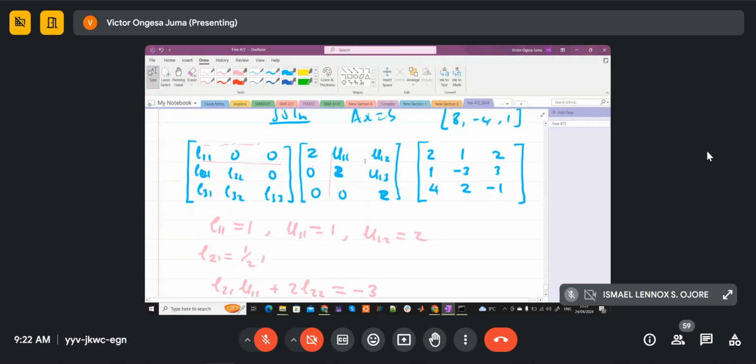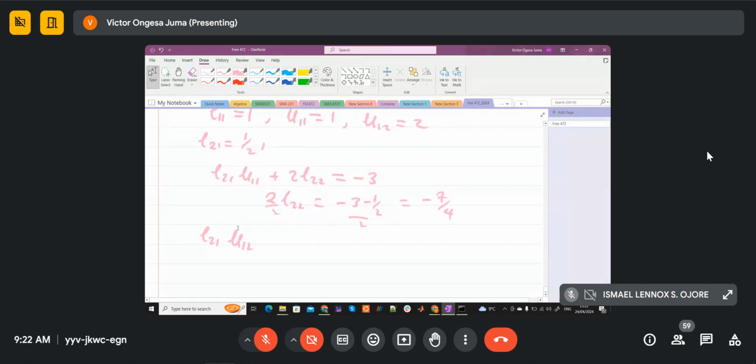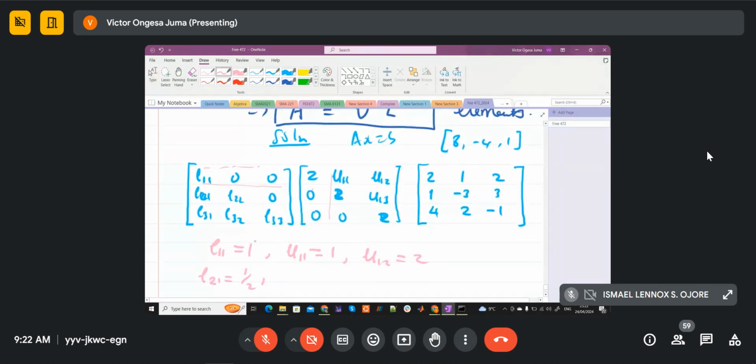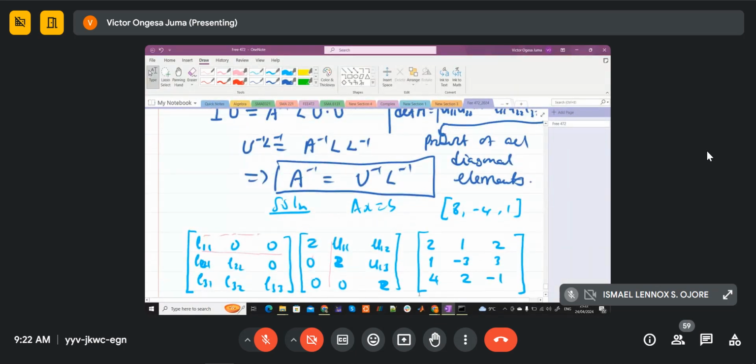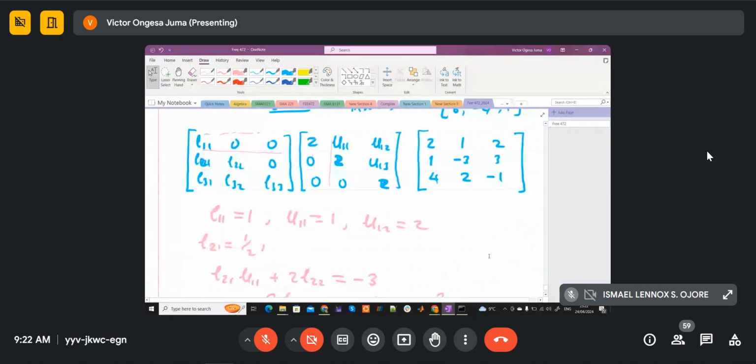I wrote these values in the wrong positions, but don't worry, we just find them. So this by that, and then L22 multiplied by U13. L22 multiplied by U13 is the same as, the last one is 0. It gives us 3.